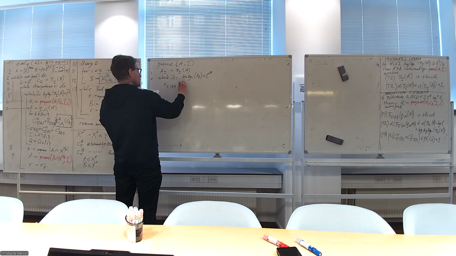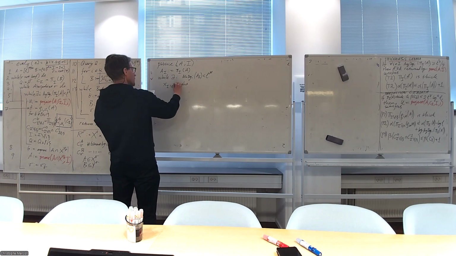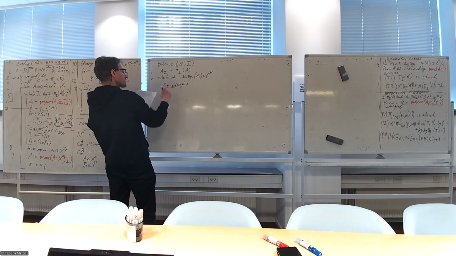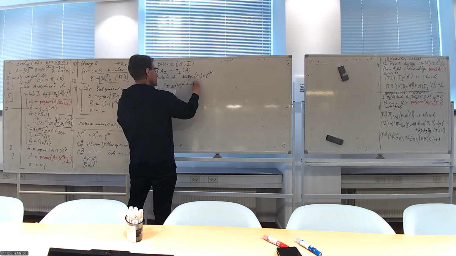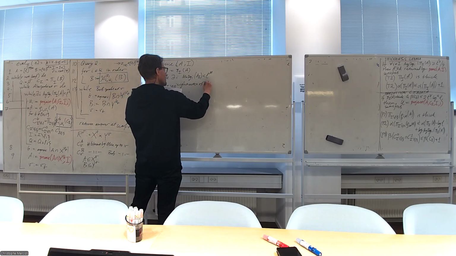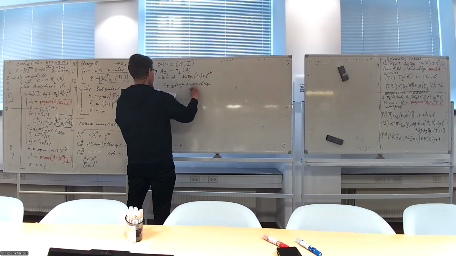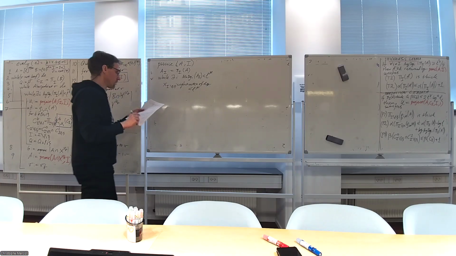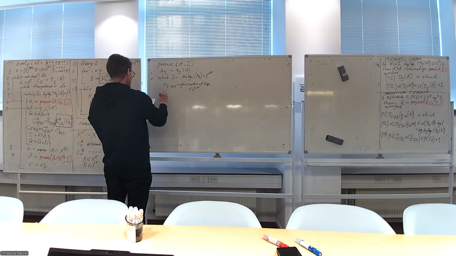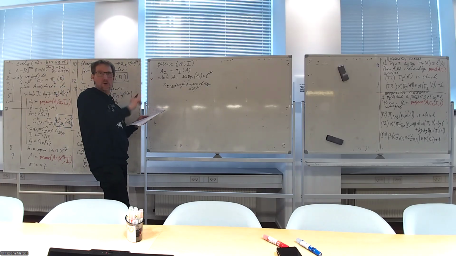So let x_{i minus I} be a right vertex of degree less than L to the mu. And then I just say, throw it away. We can't keep it, right?